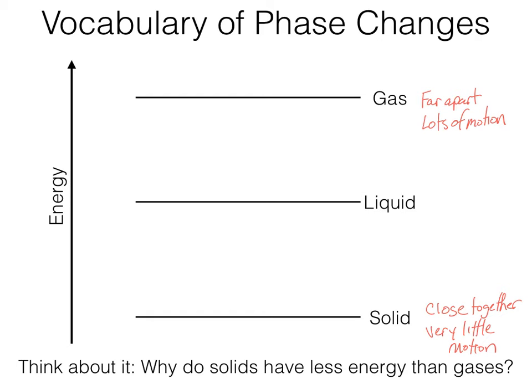And so gases at the same temperature as solids are moving much more. They have a lot more kinetic energy. And so this kinetic energy is one thing that is contributing to the higher energy state of gases.